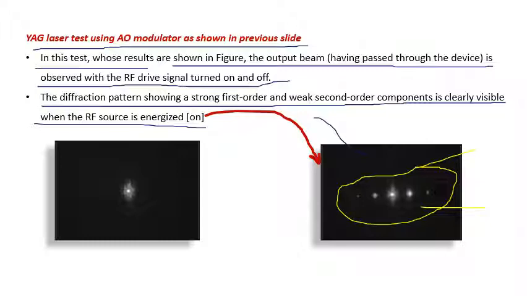It depends on your alignment and configuration which beam you want. And if it is off, then only one light is passing through. Okay, off and on. So this is how the diffraction pattern is produced, and only one light is passing through.